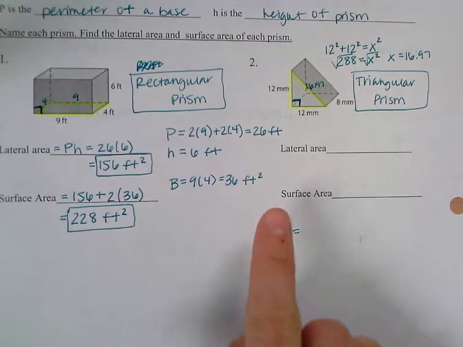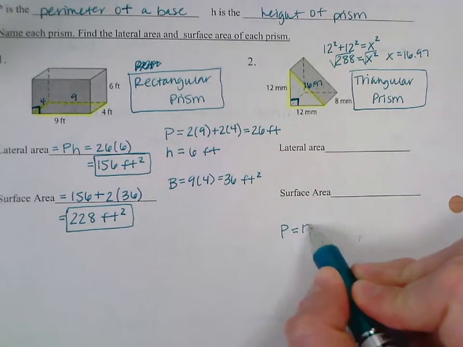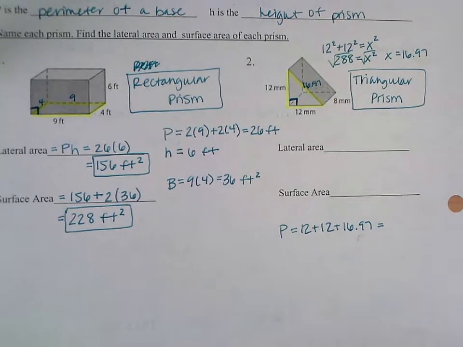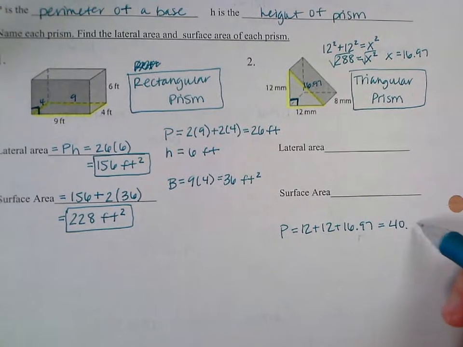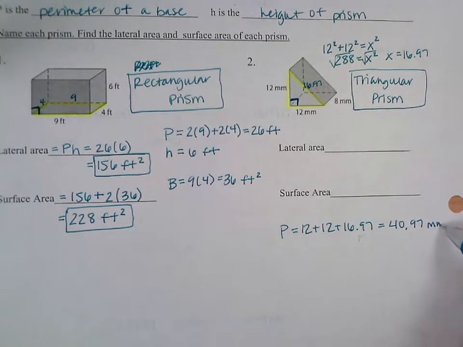So then my perimeter of my base would be those three sides added together. So 12 plus 12 plus 16.97. And that would be 40.97 for the perimeter. That's in millimeters.